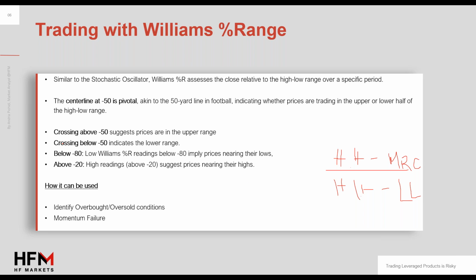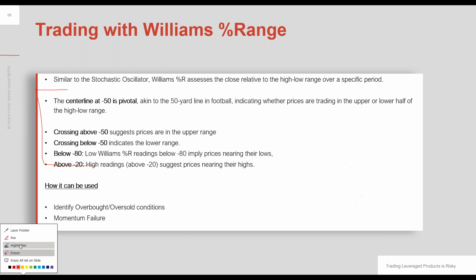Other lines that you should be very careful about. So we just erase all these. Other than the ranges that we have discussed, from 0 to minus 20 and from minus 80 to minus 100, you should also be aware of these particular lines.